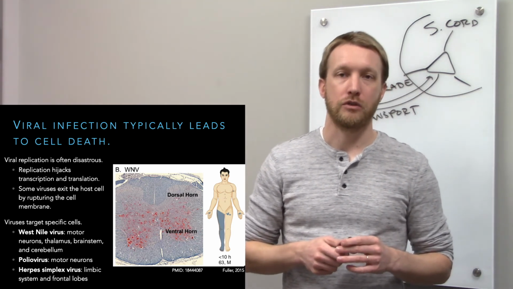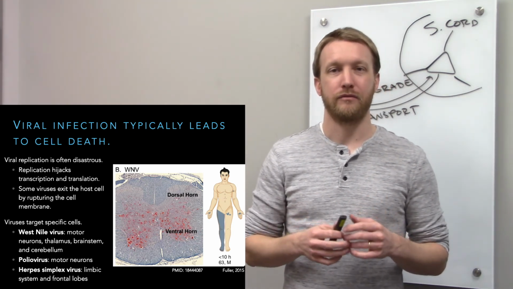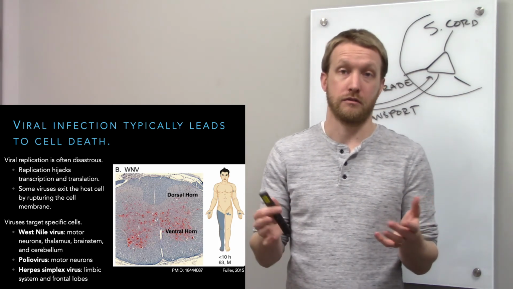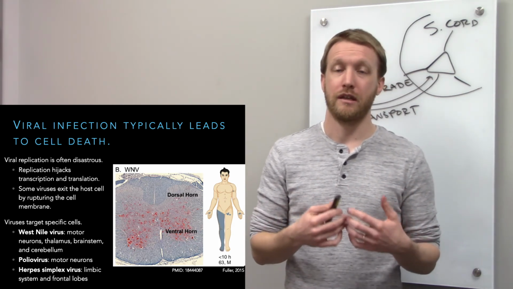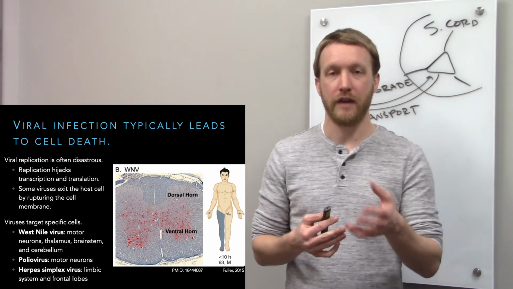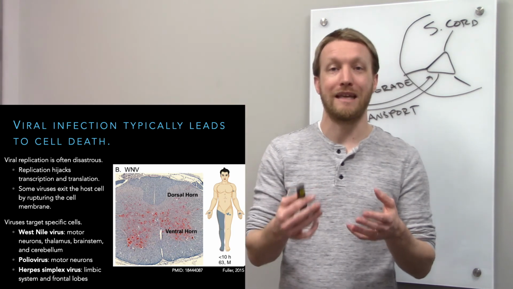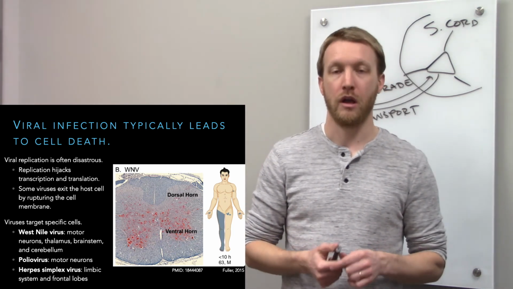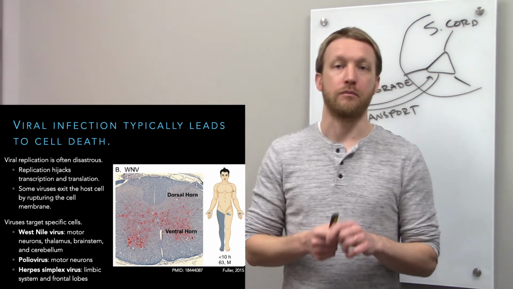So viruses, of course, aren't really alive. We won't get into that debate here, but they certainly aren't cells. They can't make their own proteins. They can't really do anything for themselves. So what they do is infect a host cell and use its transcriptional and translational machinery to make more viral RNA and proteins.